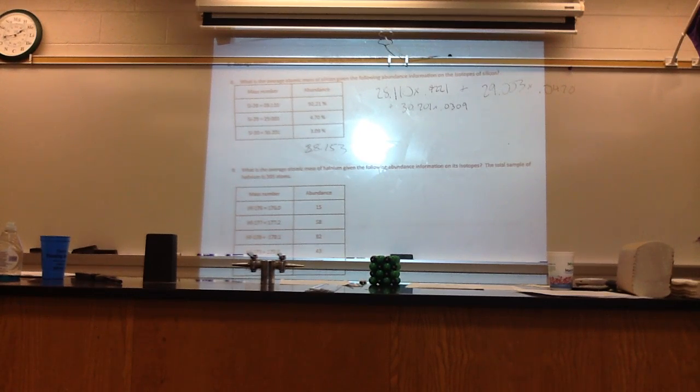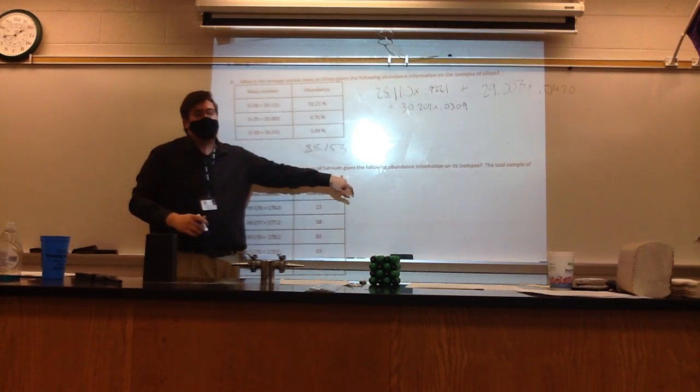We got 28.0855, so that's fairly close to it. Honestly, this number is weird because given the data that we have on here, this number wouldn't happen, because you have 20.08 and then the lowest number on this is 20.110. But it's around silicon. So yeah, this is actually absolutely right for this problem.